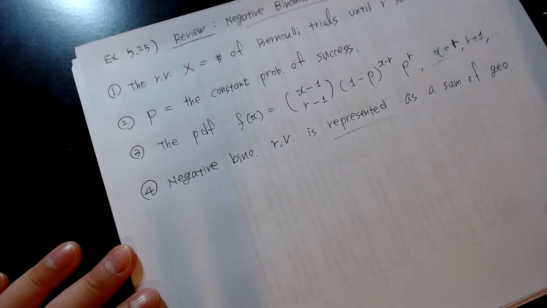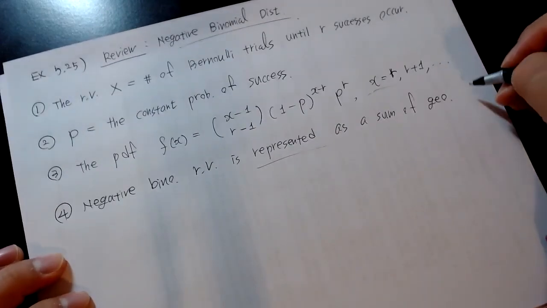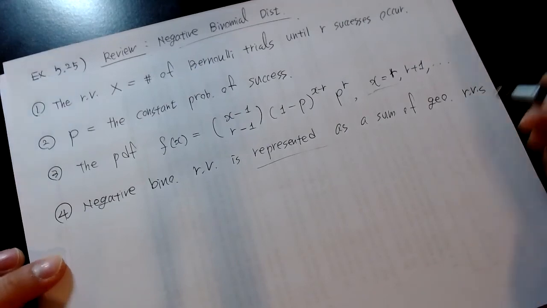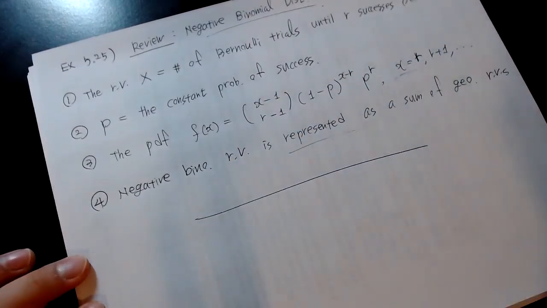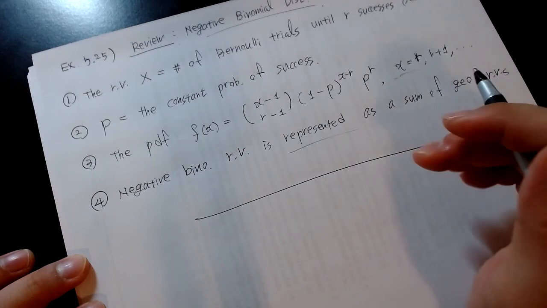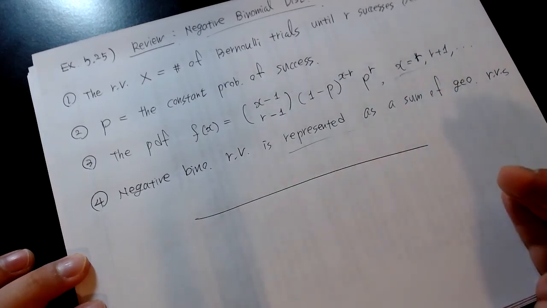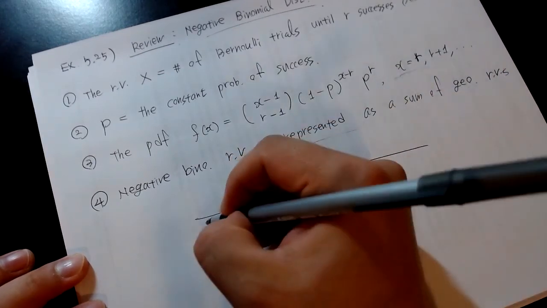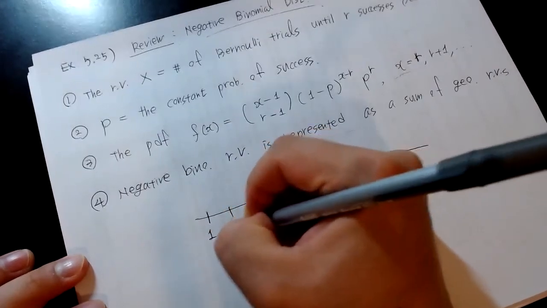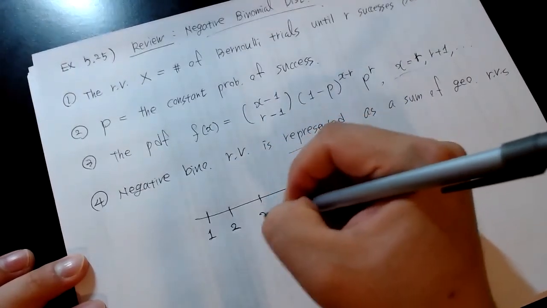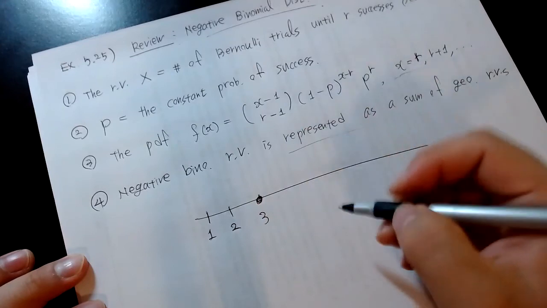What that means, think about the Bernoulli trials. This is the first trial, this is the second trial, and the third trial. Let's say at the third trial we got the first success.